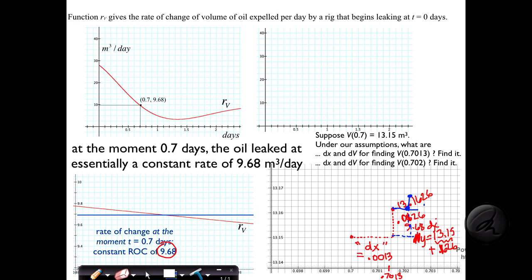We can find over this small interval of time the amount of change in the amount of oil that's spilled, or since we have a starting value for how much had been spilled at one particular point in time, we can also calculate now what's the new total. Add that onto the old total to get the new total, adding the y initial plus dy, y initial plus m dx, to get that value by time 0.702. What is the new y value by time 0.702? Or in other words, what's v of 0.702 come out to be?